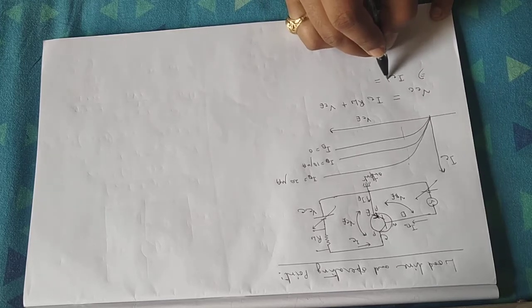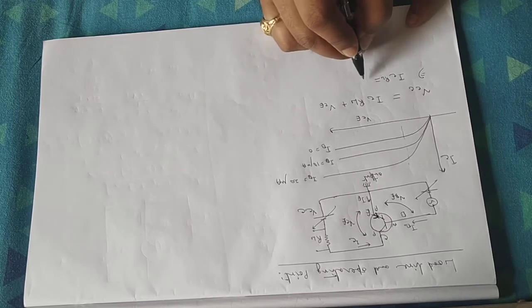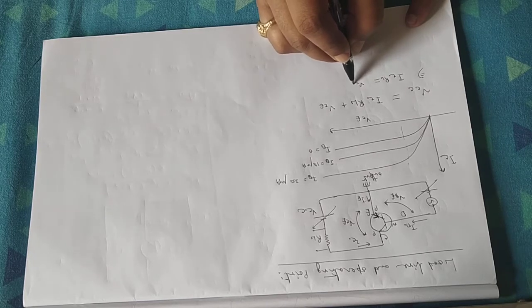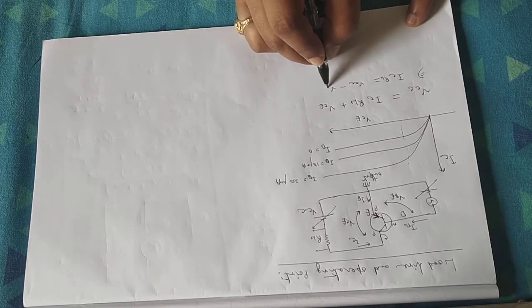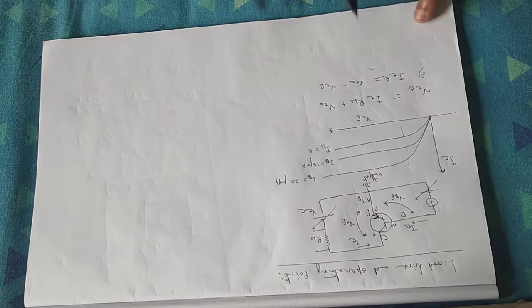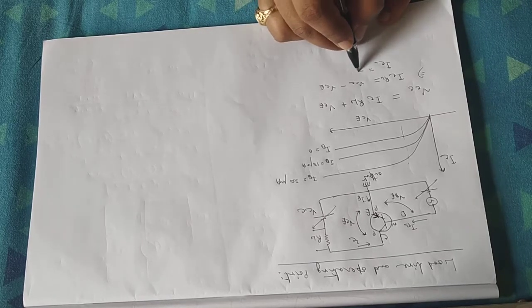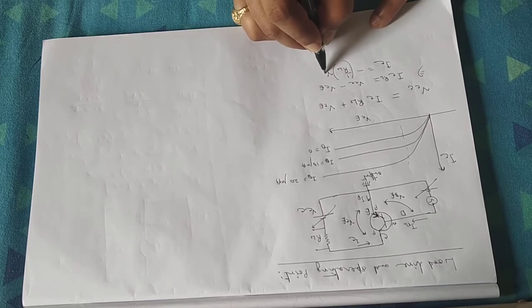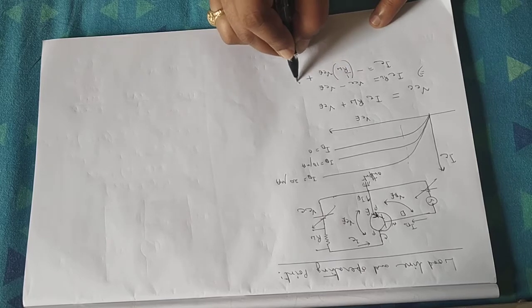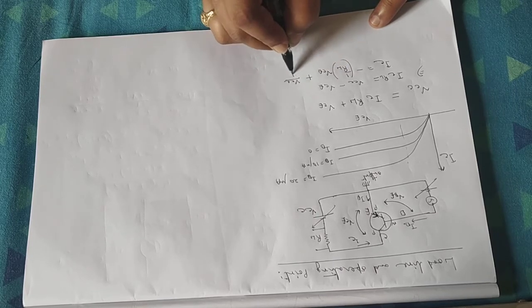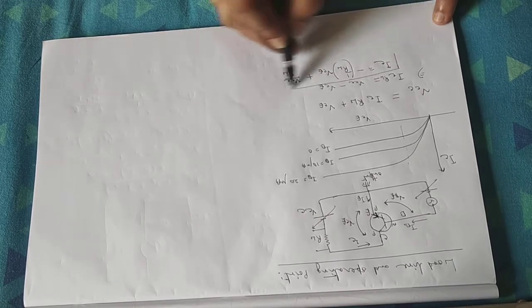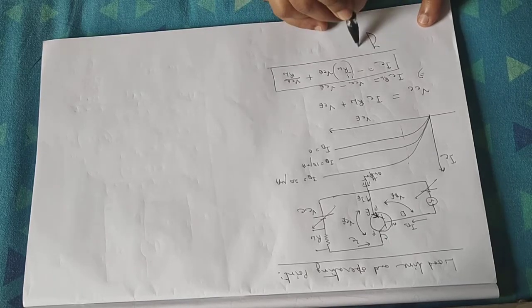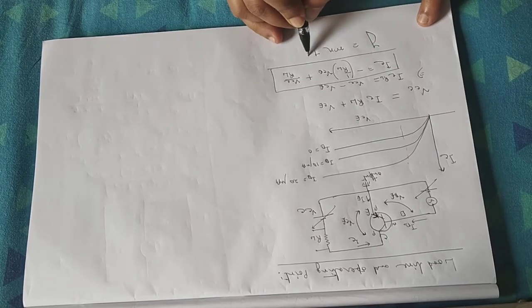IC into RL equals VCC minus VCE. So IC equals minus 1 by RL into VCE plus VCC by RL. Now compare this with the equation y equals mx plus c.